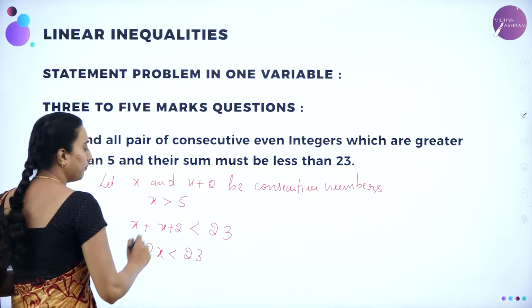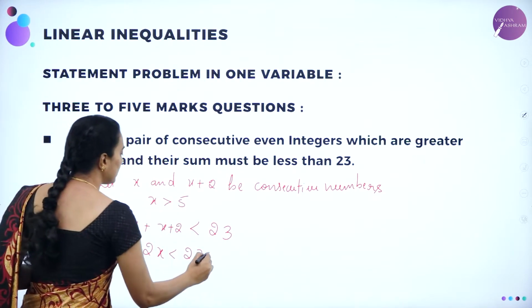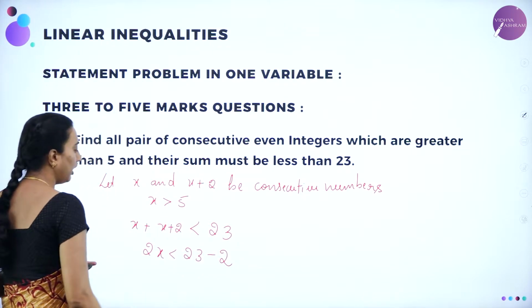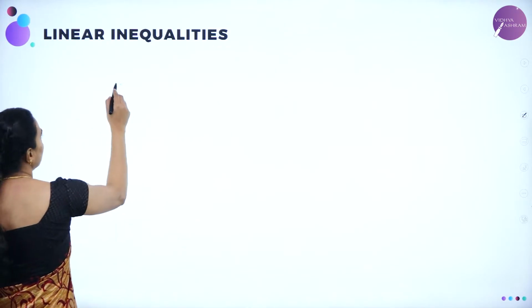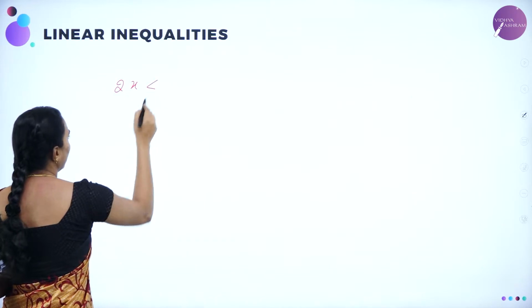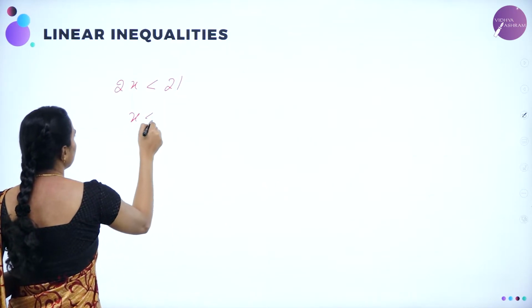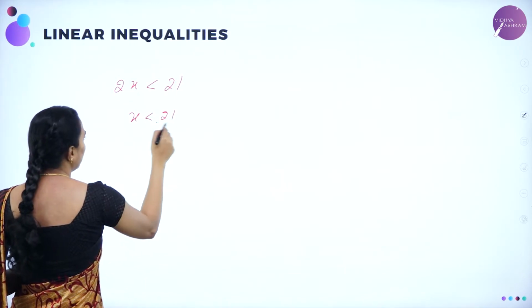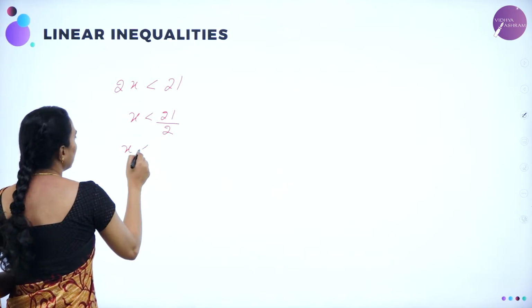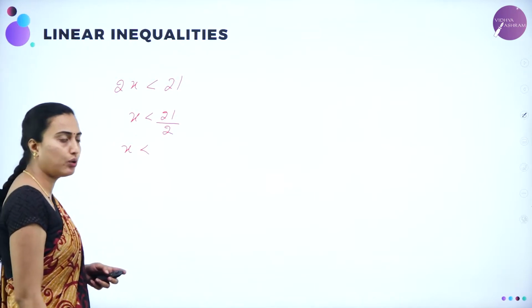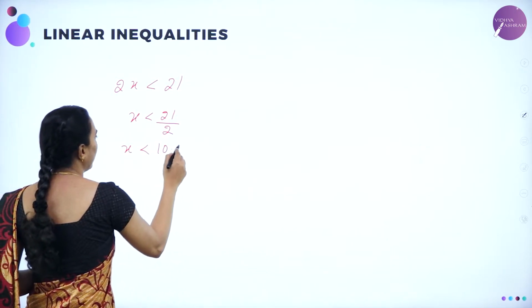Subtracting 2 on both sides, 2x is less than 23 minus 2, which is 21. Otherwise, x is less than 21 divided by 2, which is 10.5.